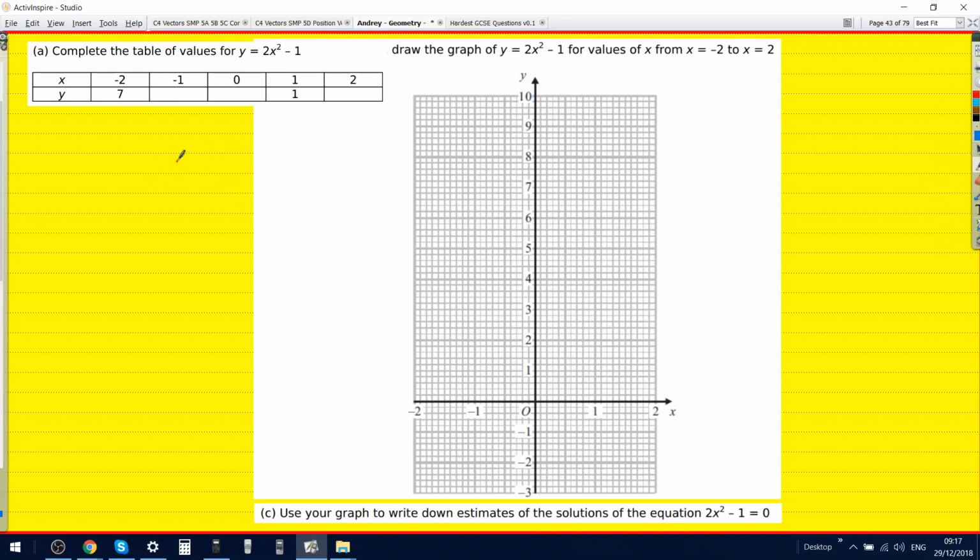Okay. How about this one? How would you go about this? So 2x squared minus 1 equals 0.